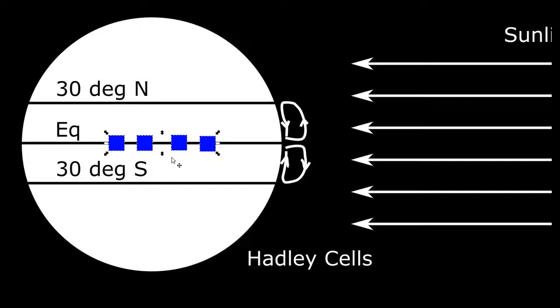And then these parcels of air will migrate north or south before descending at 30 degrees south or 30 degrees north. And this is happening all around the globe at the equator and the tropics. So we have these large-scale circulation patterns called Hadley cells.